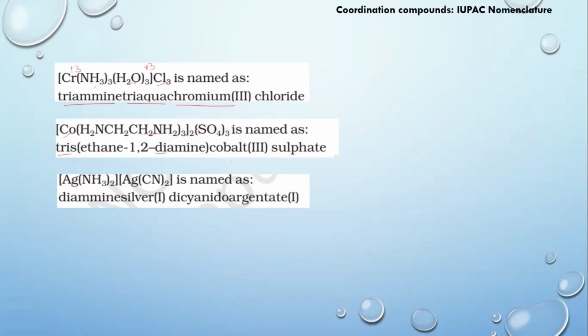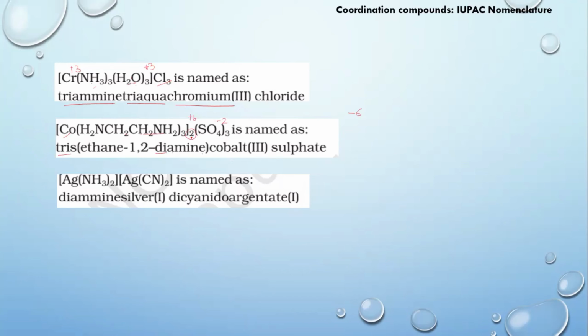What is the charge on the sulfate group? Sulfate has a charge of -2. There are 3 sulfate groups, so the total charge is -6. So the complex parts also have a total charge of +6.